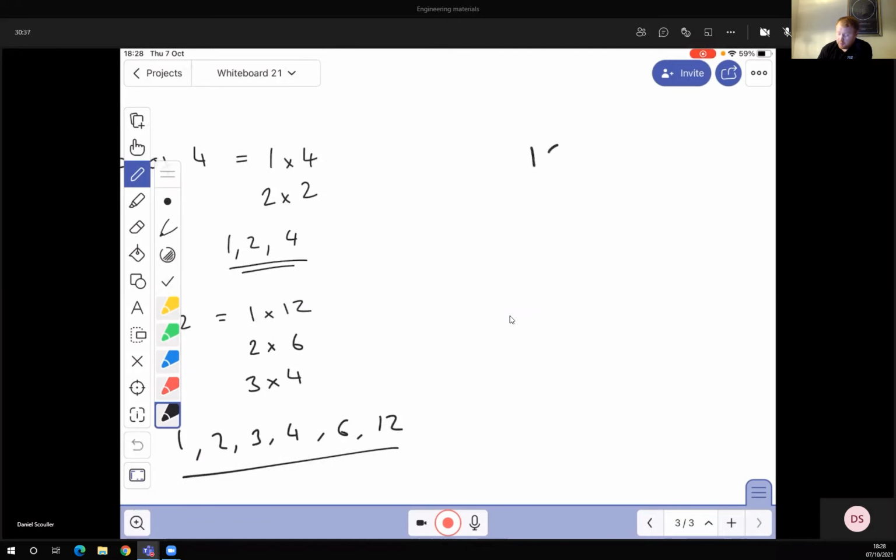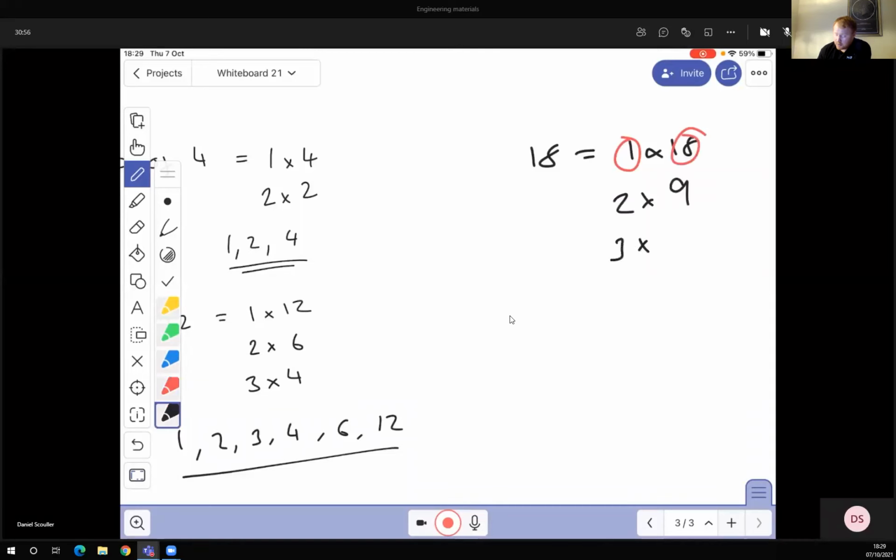Just one more very quickly. 18, 1 times 18. 1 is always going to be a factor, along with the number itself. We always state that. 2 times 9, even numbers, 2 will always be a factor.